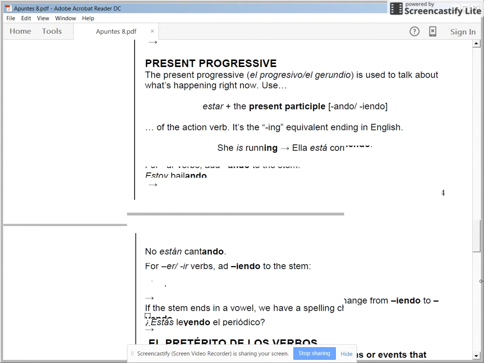Estar plus what we call the present participle of the verb of action that you want to say is progressing. Notice in the brackets I have ando or yendo. So that is dependent on the ending of the infinitive verb. Again, it's the ing equivalent in English, like the running. For example, she is running or ella está corriendo.